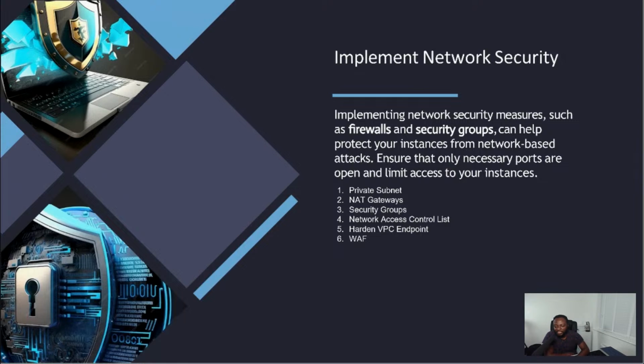Another important thing is number 6, which is WAF, the web application firewall. So if you have web servers that customers access, you have to protect them by using the WAF. What this does is protect you against known exploits like SQL injection, cross-site scripting, and also some other malicious things that bad actors can leverage to get into your network.